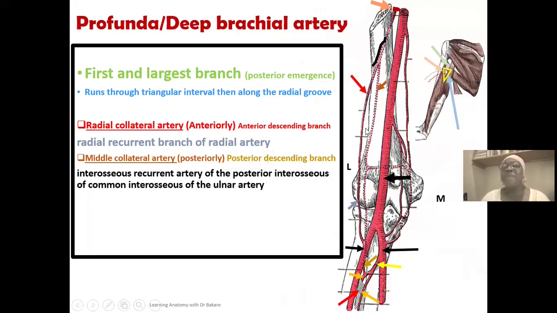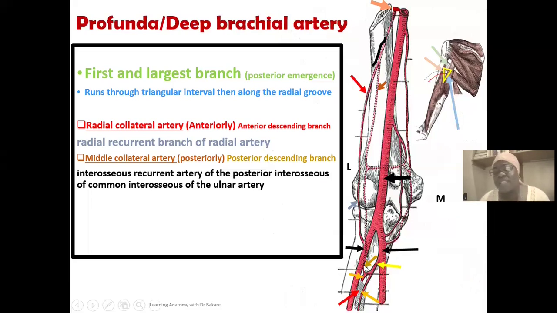We have the middle collateral artery directed posteriorly. So we should expect that the middle collateral artery will be creating anastomosis around the posterior region of the lateral epicondyle. And this is basically because it is seen around the posterior part. And the artery that it would be creating anastomosis with also is positioned or directed posteriorly.